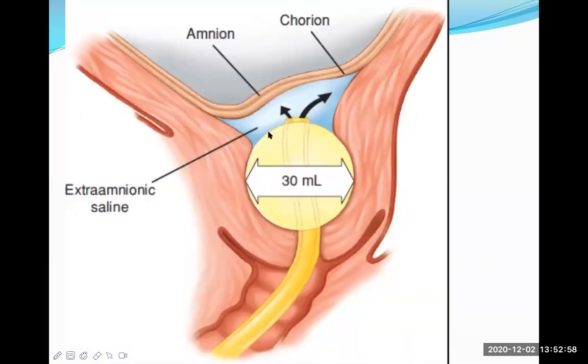See there, this is an even better diagram. You can insert some normal saline here. This is called extra amniotic saline, which is pushed up through this catheter, and the balloon is also distended with fluid. So both of them will help the process of the labor or help in the induction of the labor.